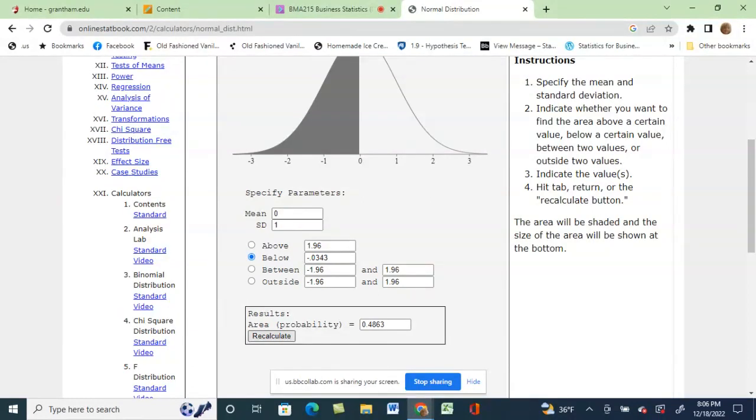And let's see, why am I off? I must have made a mistake in the calculator. Let me get my other calculator. I'm just trying to use my phone. Okay, all right.